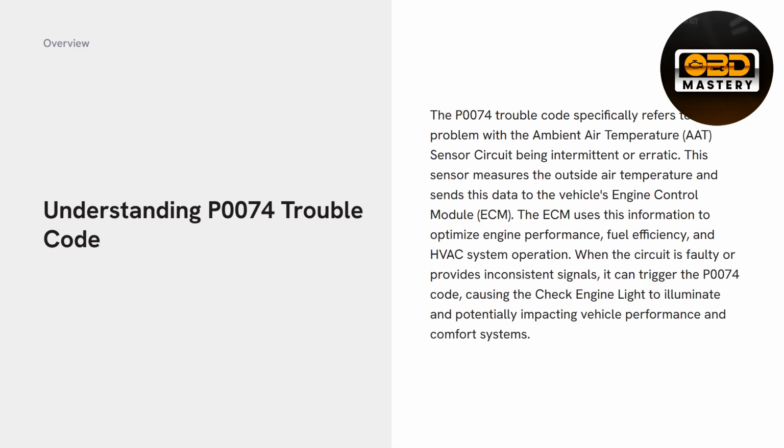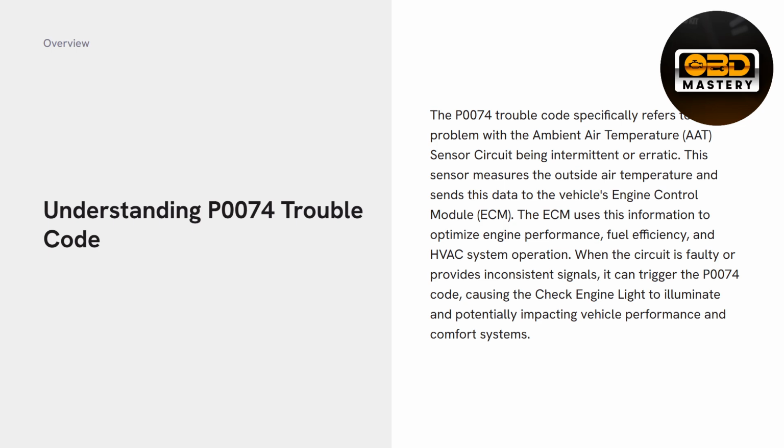The P0074 trouble code specifically refers to a problem with the ambient air temperature, AAT, sensor circuit being intermittent or erratic. This sensor measures the outside air temperature and sends this data to the vehicle's engine control module, ECM.